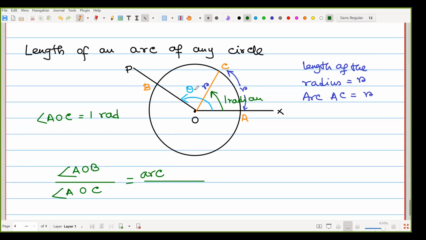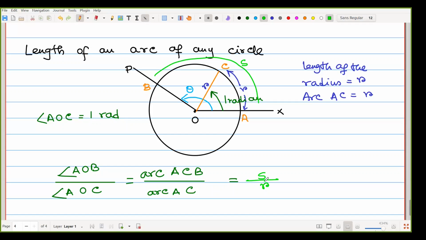That means angle AOB corresponds to arc of AB, that is arc ACB, and angle AOC corresponds to the arc AC. Now here, suppose that arc ACB is S. So we are writing it as S divided by R.